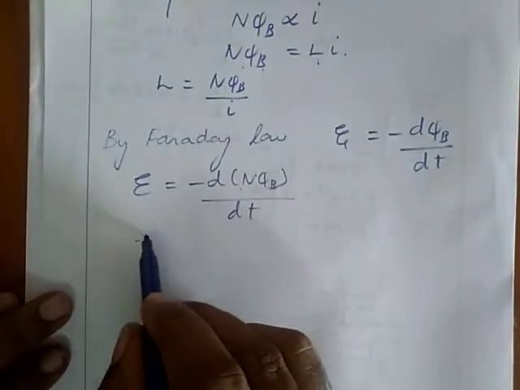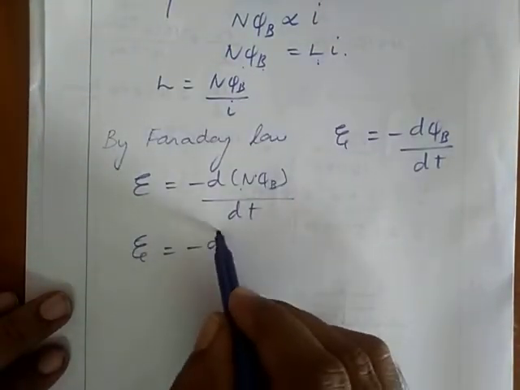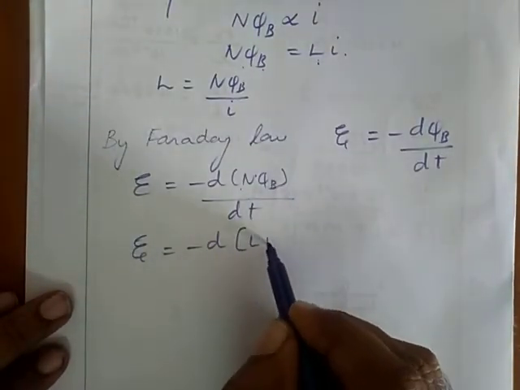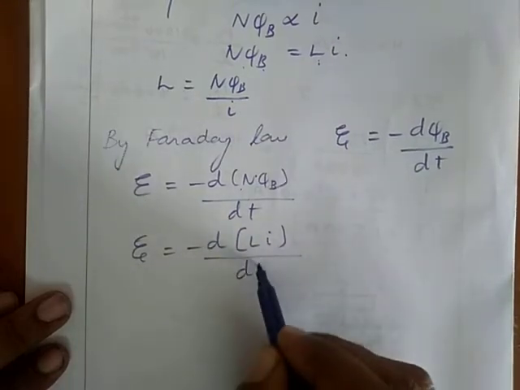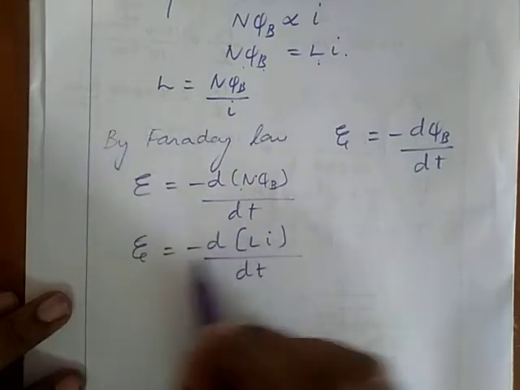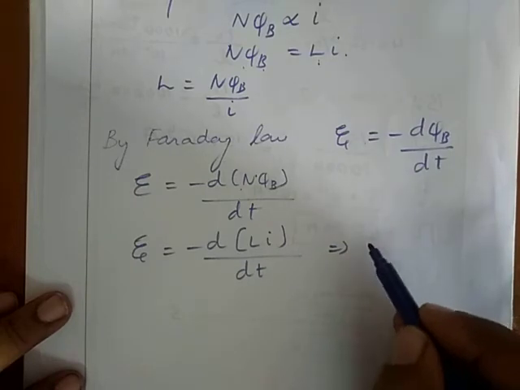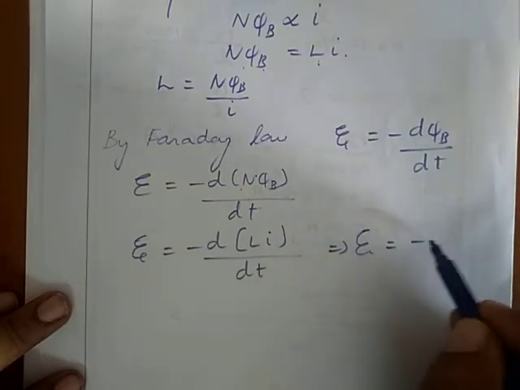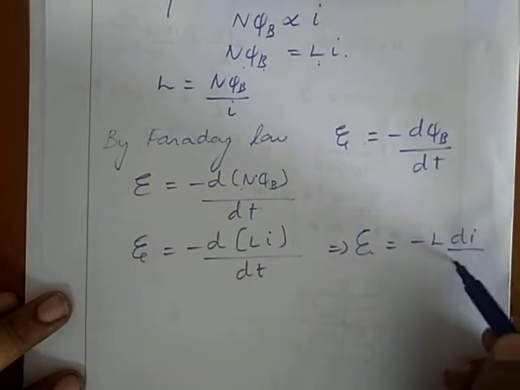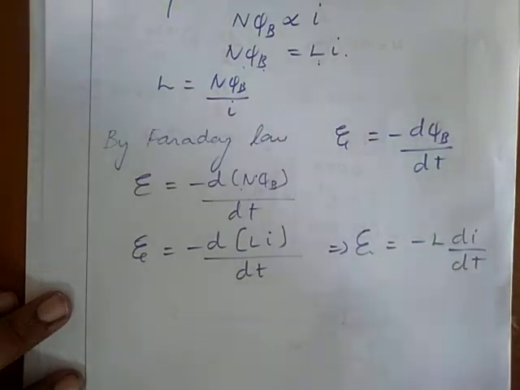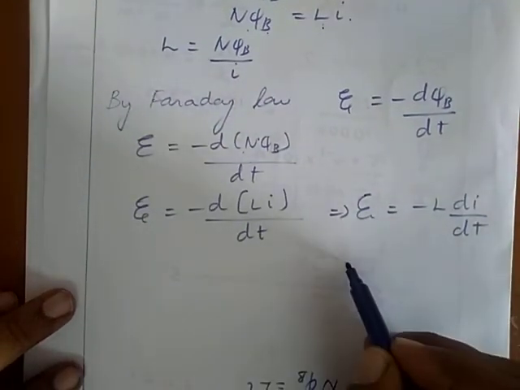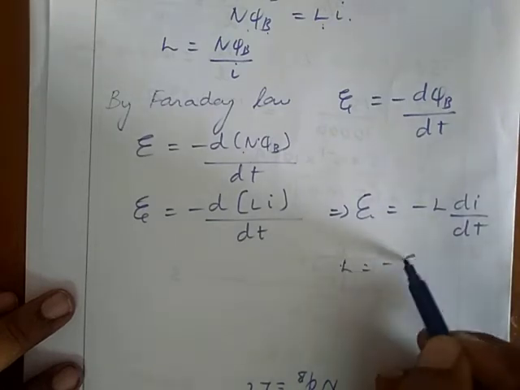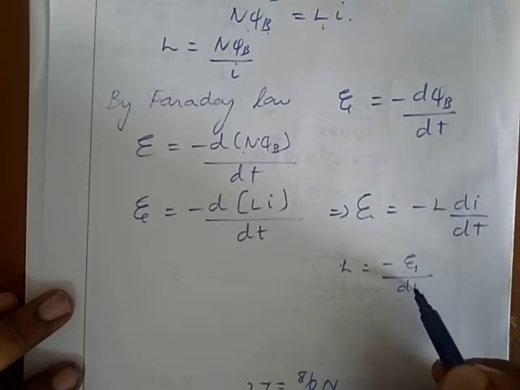So psi is equal to minus d Li by dt. L is a proportionality constant, so taking it out of the differential, psi is equal to minus L di by dt. Then we can write L is equal to minus psi by di by dt.